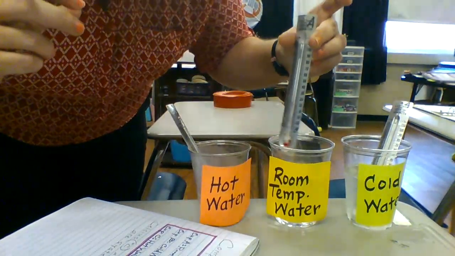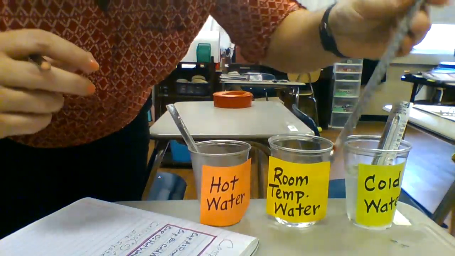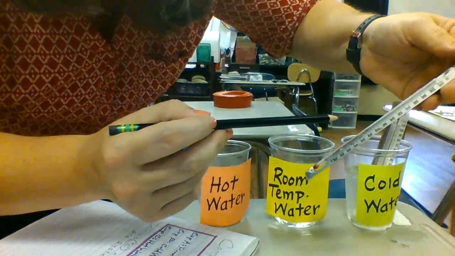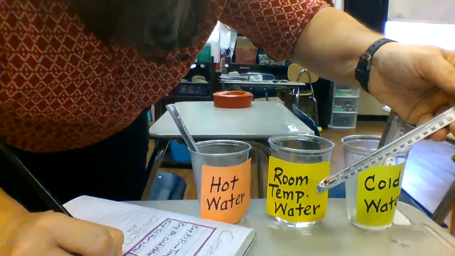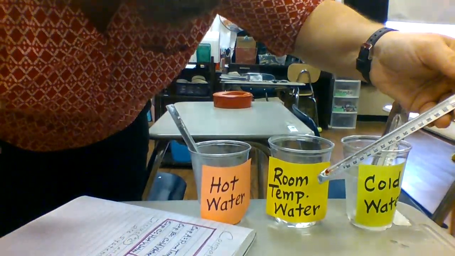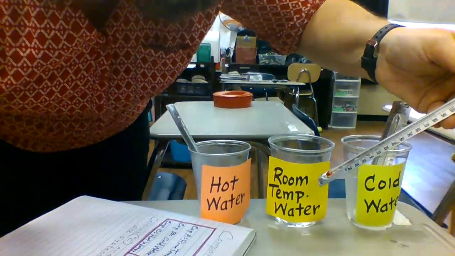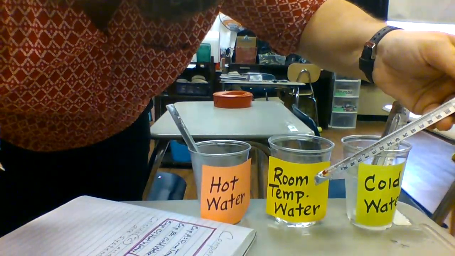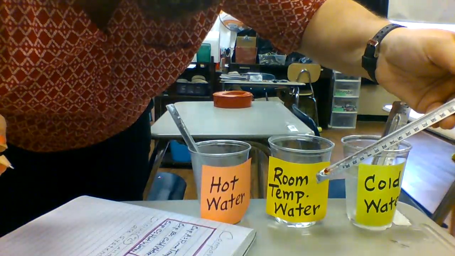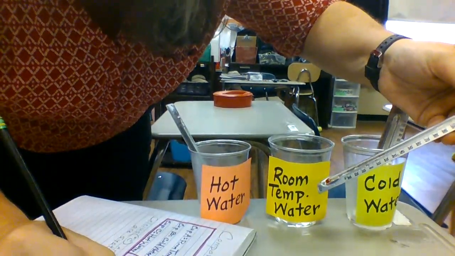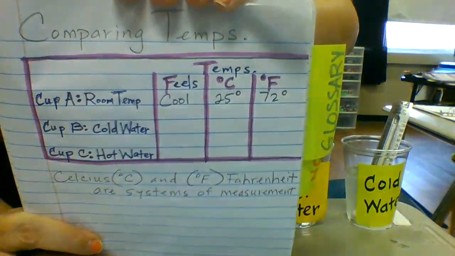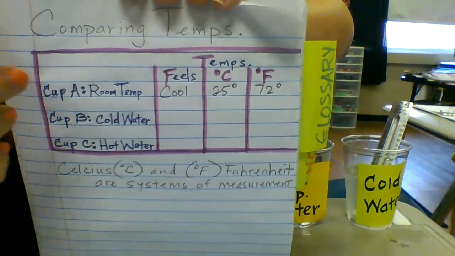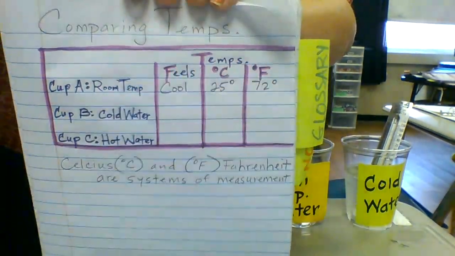Now I'm going to look at my thermometer and get the temperature. According to my thermometer in Celsius, I am at 25 degrees. And at Fahrenheit, I am at 72 degrees. So that makes sense because I think I've got my air conditioner thermometer set up to 72. So if it's room temperature, it's going to be room temperature in Fahrenheit.